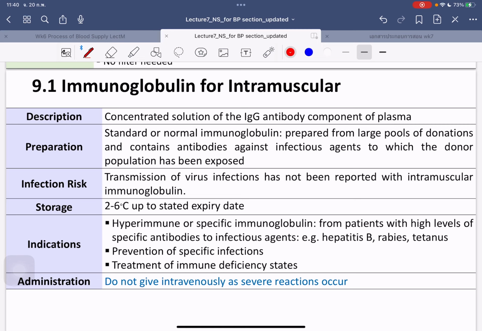The antibody from the donor can neutralize Ebola virus in the patients. So intramuscular immunoglobulin is used for the treatment of virus disease. But you should not inject it intravenously, because the reaction will be too strong and the patient will have anaphylactic shock or something.